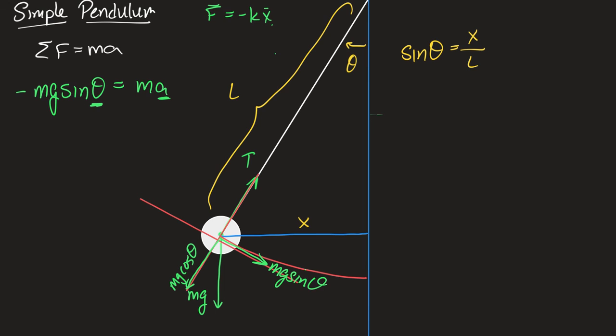I could substitute. If I regroup this, I have a constant times a displacement equal to ma. Right? That seems really close.